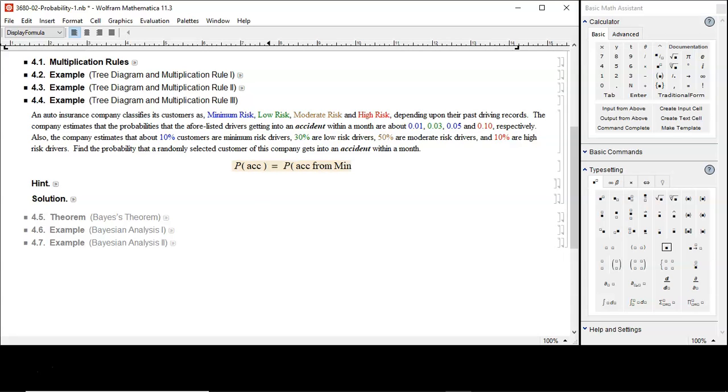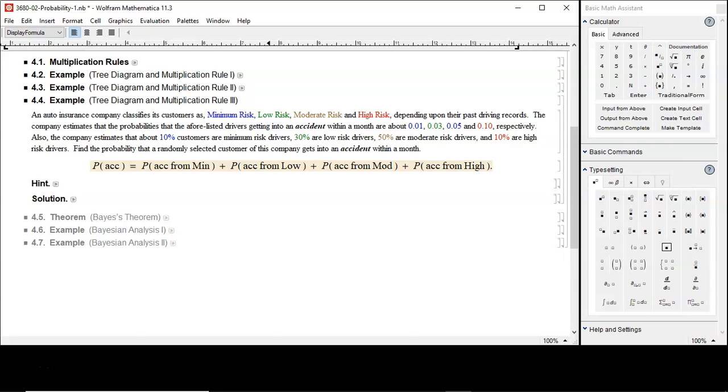From a minimum risk driver getting an accident, from a low risk driver having an accident, getting an accident from a moderate risk driver, finally getting an accident from a high risk driver.